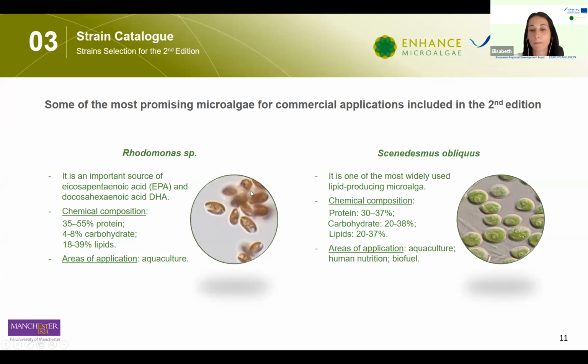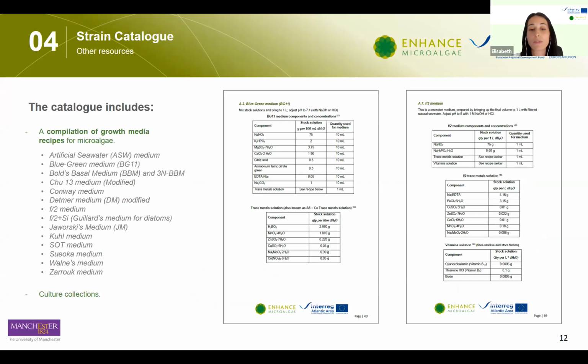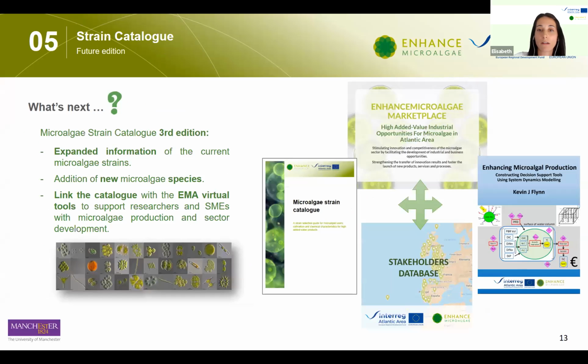The catalog also includes the recipes of the main culture media in which these microalgae can be grown, and it presents a list of the main microalgae culture collections in which they can be found. To finish, a third edition has been planned to be released by the end of this year, in which the information of the current microalgae strains will be expanded and more microalgae will be added.